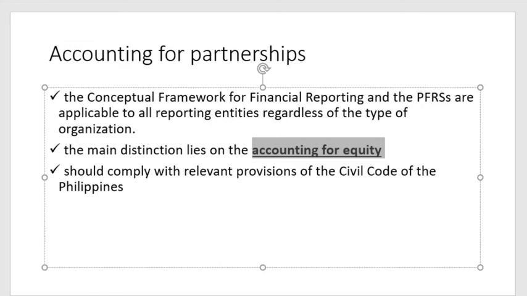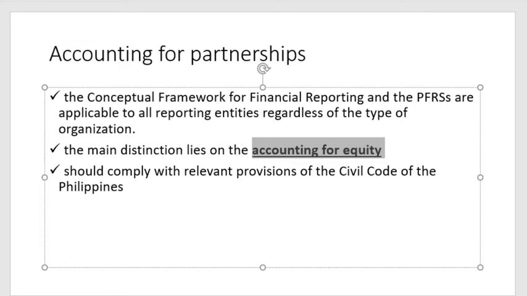Anong sinasabi dun sa equity? Di ba, the basic accounting equation is assets is equal to liabilities plus equity. The assets and the liabilities are treated the same whether you are a partnership or a corporation. However, the accounting for equity is different when you are accounting for partnerships.